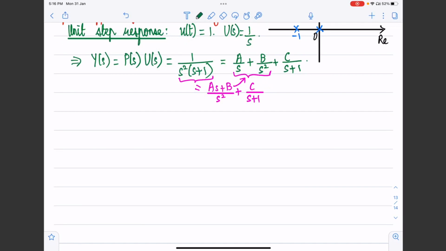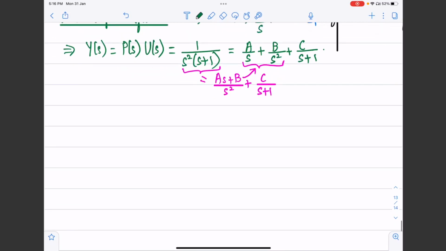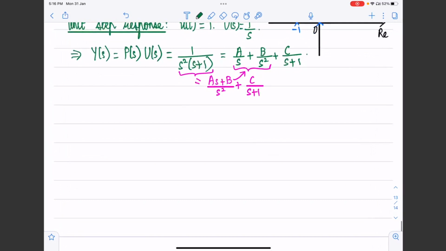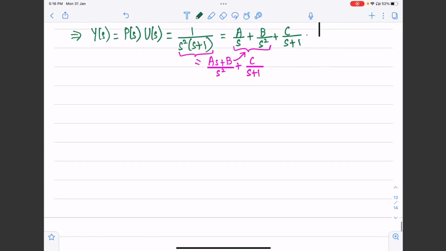In order to get the residue for A, you can substitute any value of s and then get the value of A. If we do the partial fraction expansion, we immediately get Y of s equal to minus 1 by s plus 1 by s squared plus 1 by s plus 1. Please try it.